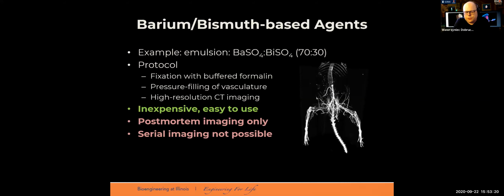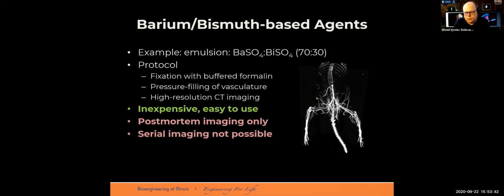Because it's postmortem imaging only, serial imaging is not possible. You cannot inject the animal, acquire some images, and then after some therapeutic intervention visualize whether there are more vessels or a denser network of vessels, and do the study again.